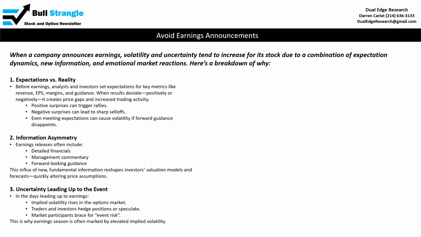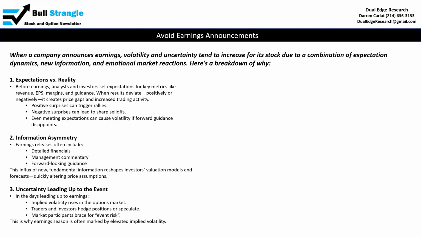Obviously a positive earnings surprise can lead to a rally, and a negative surprise can lead to a sell-off. And even if they meet these expectations, a company is also going to talk about forward earnings guidance, and this might disappoint. So even if you beat earnings, you might have negative guidance, which could cause a sell-off.